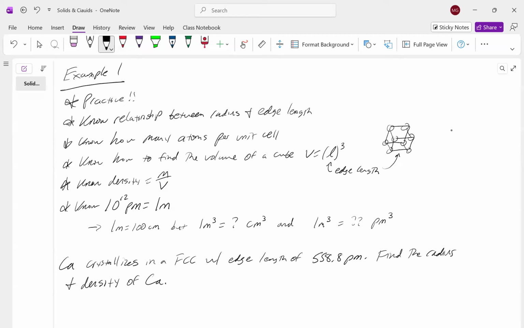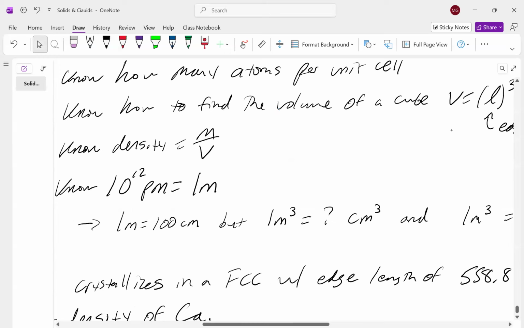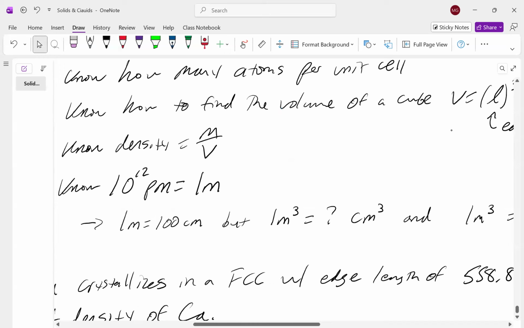One other thing that you should get familiar with right away, because we're dealing with density, and a lot of times densities of solids are in terms of some mass unit over cubic centimeters, not necessarily units of volume for liquids like milliliters. We tend to use cubic centimeters for solids. I want to go through some quick math. We know that there's 100 centimeters in 1 meter.